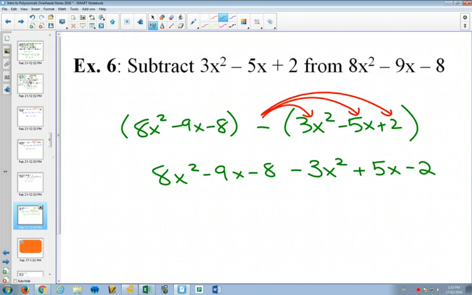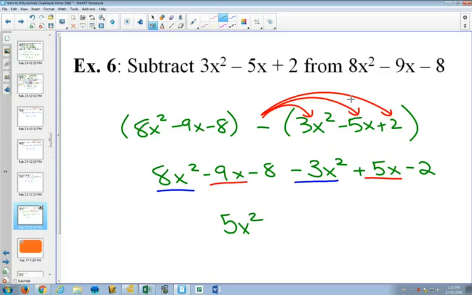Now that we've done that, are there any like terms with the 8x squared? Yeah, 3x squared. The minus 3x squared. What would we get if we put those together? 5x squareds. Any like terms with the 9x? 5x.